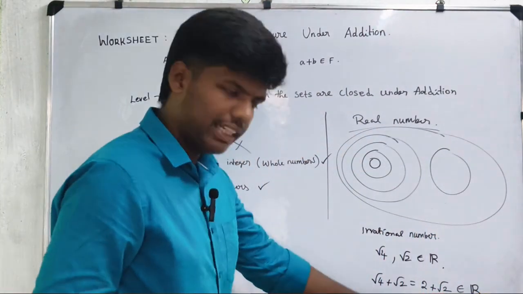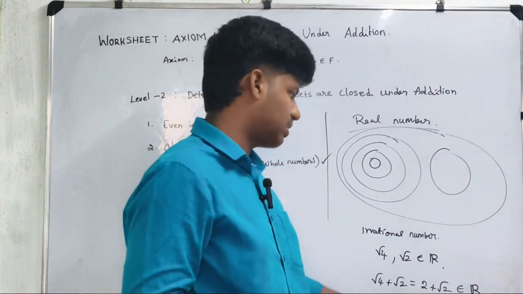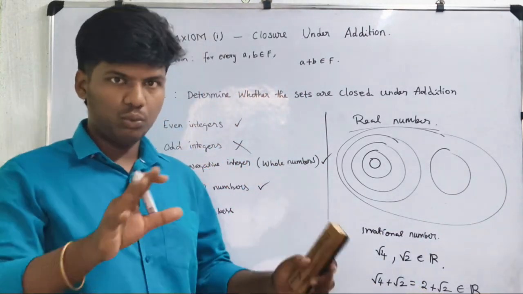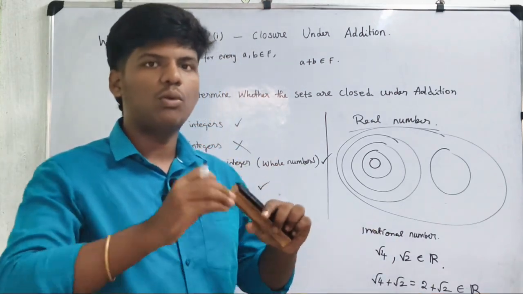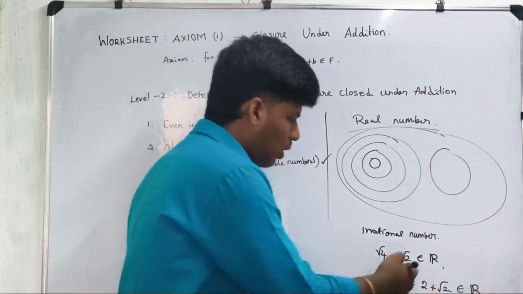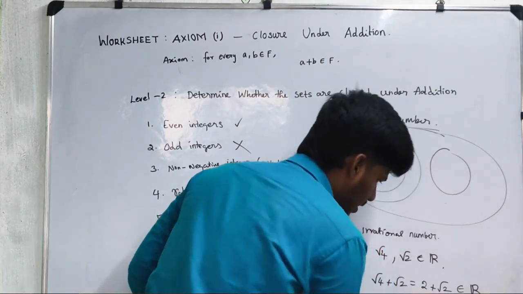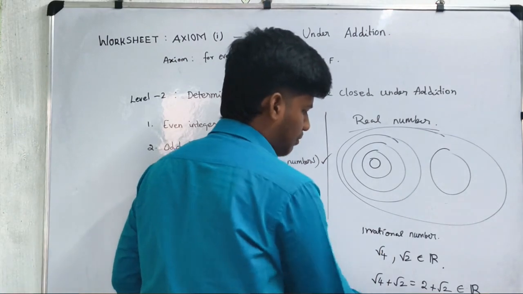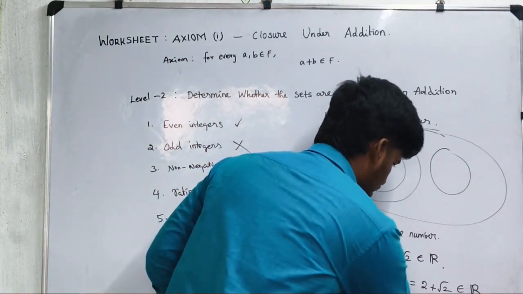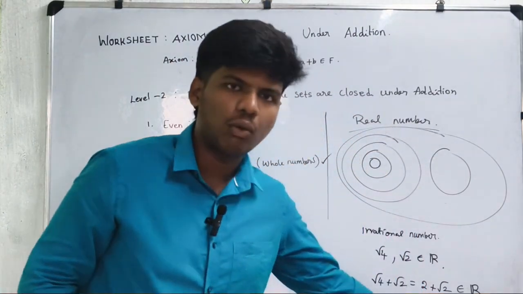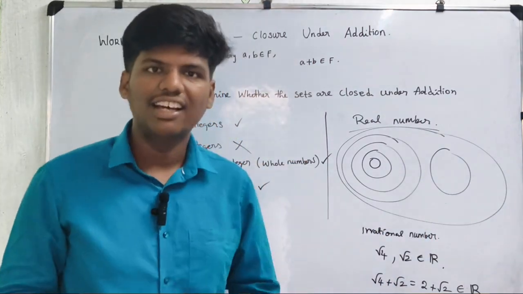Here I get 2, which is a whole number, so no worries about that, but the root 2 part cannot be written as a whole term. I write it in decimal form as 1.414, which goes on, so I take a few terms after the decimal. Adding together, I get 3.414, which is a decimal number. Decimals are also in the rational numbers, and the rational numbers are contained in the real numbers, so this is also in the real numbers.